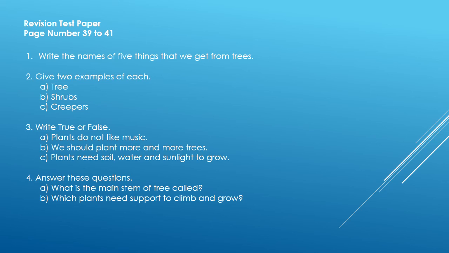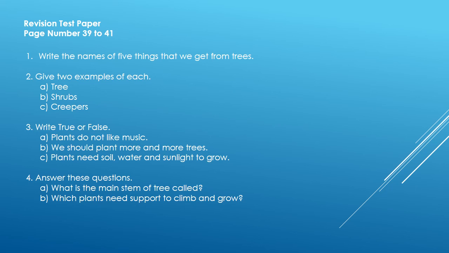Children, now let's do revision test paper. Question number 1. Write the names of 5 things that we get from trees. Second, give 2 examples of each. A. Trees. B. Shrubs. C. Creepers. Third, write true or false.